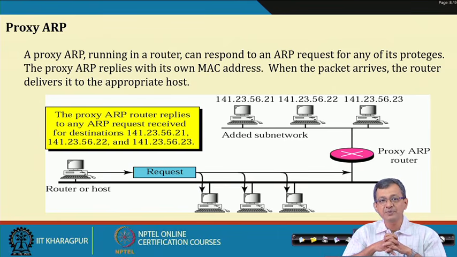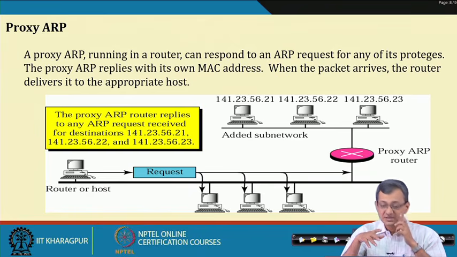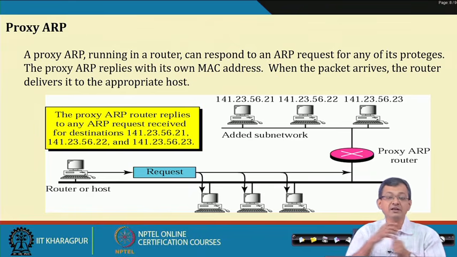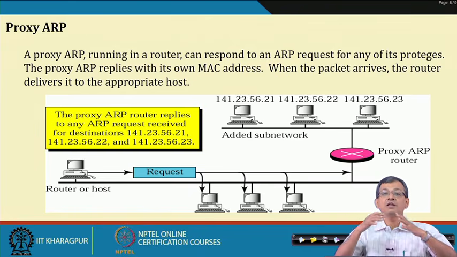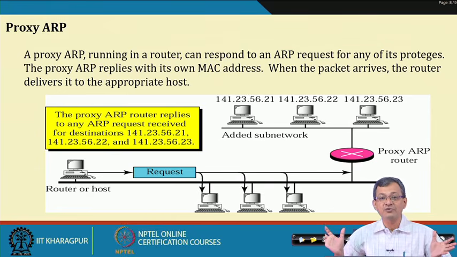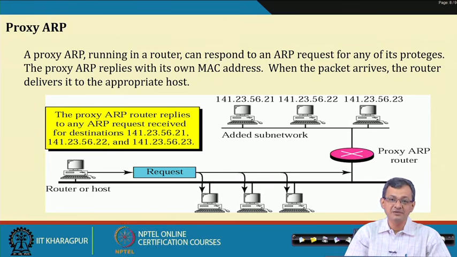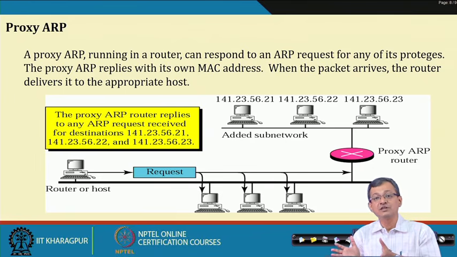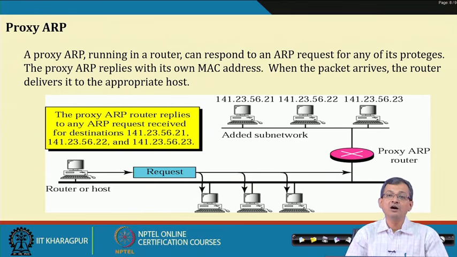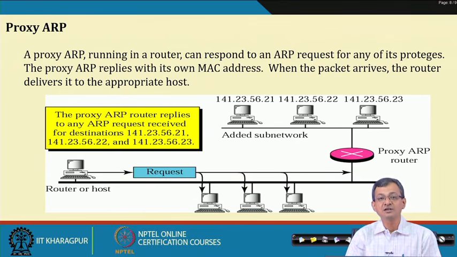The proxy ARP replies with its own MAC address, and when the packet arrives, the router delivers it to the appropriate host. So a proxy ARP typically running on a router, whenever a request comes for a group of systems behind the router, responds with its own address. That means it takes care of all the systems; it absorbs the packet and then pushes it to the rest of the network.